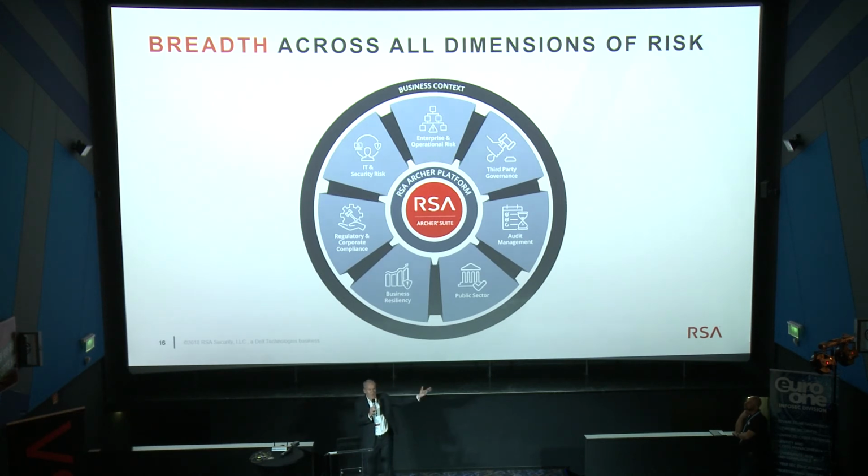If I have business processes and I'm using them, for example, in the BIA, I can reuse them immediately in risk management. Or if I need to perform an audit within the organization, I can also reuse all this information coming from the business process, from the BIA, or even from the compliance organization.